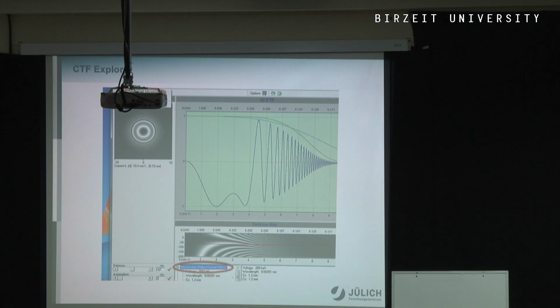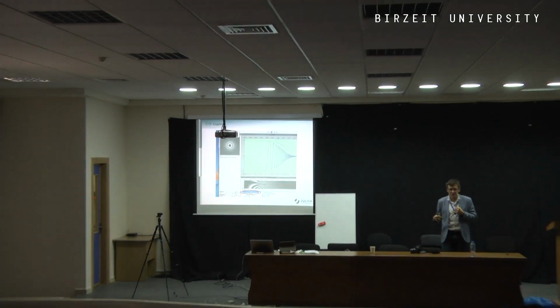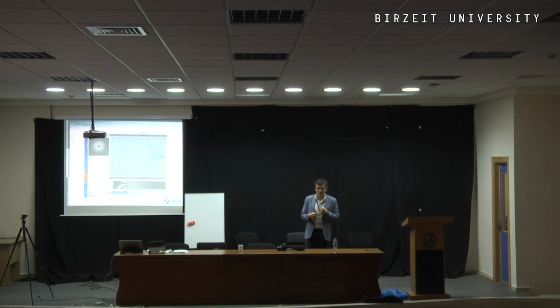And maybe I'll just conclude by explaining why I structured the talk like this. First of all, I wanted to explain why spatial resolution is a relatively complicated concept in electron microscopy, how it depends on parameters which you can control and which you cannot control, and also how efforts have been made to try to improve spatial resolution over time.